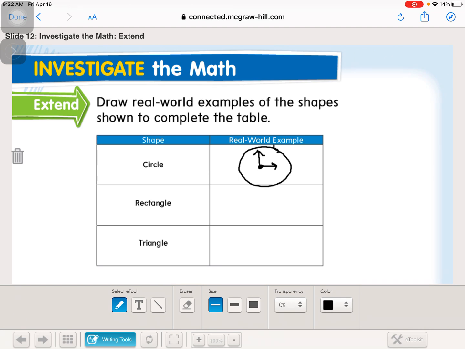Now a digital clock might be a rectangle like this, right? Another rectangle might be the one that we just learned about as well, a dollar bill, okay? And then a triangle. I'm going to do a piece of pie is a triangle.